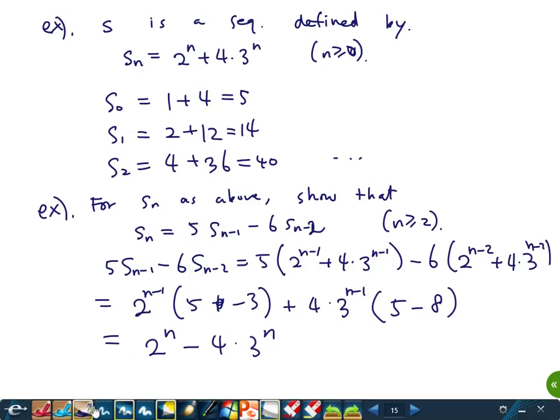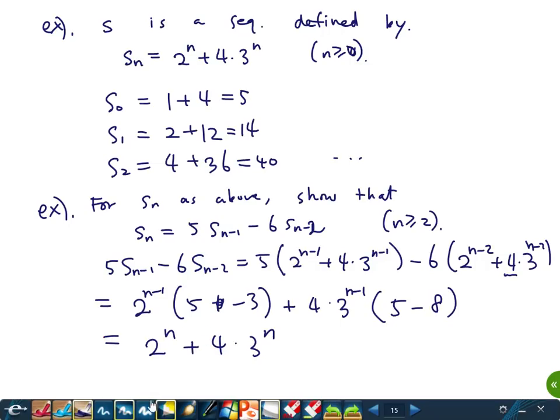Which happens to be equal to, what? Not equal to this. Maybe I made a mistake somewhere. Can you find it? Oh, I see. I made a simple computation mistake.